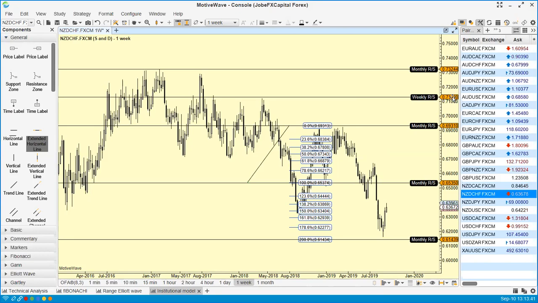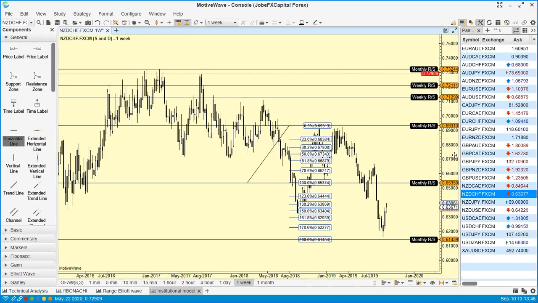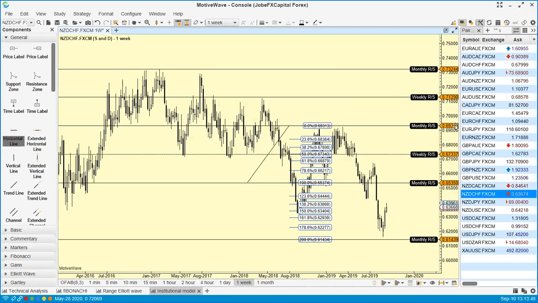So now we're on the weekly. Weekly is also regarded as strong. Can you see that? If I put this 50 here, look what happened. The price bounced exactly here.